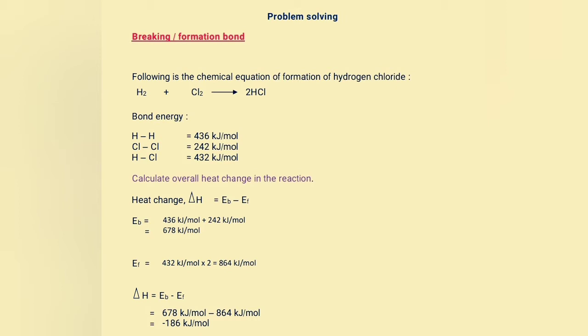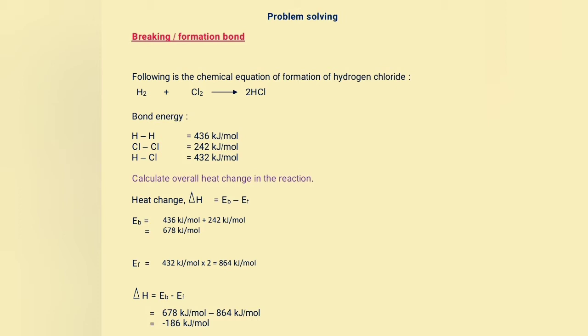So in this reaction, we need to get the value for the energy to break 1 mole of bonds in hydrogen molecules and the energy to break 1 mole of bonds in chlorine molecules.